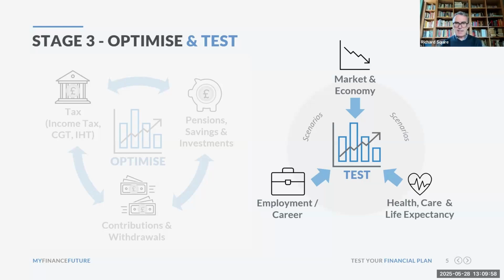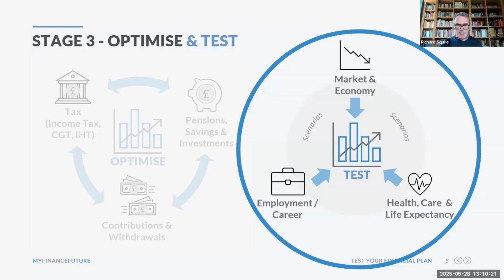We're going to focus on the testing part, the testing being looking at different scenarios that might derail our plan in three categories: market and economy; health, care and life expectation; and employment and career, potential redundancy, those sorts of things. The scenarios you choose would depend on the stage of life you're at and where the biggest risks lie for you. So we'll go into more detail on that now.